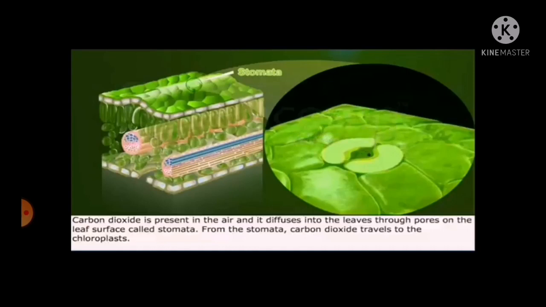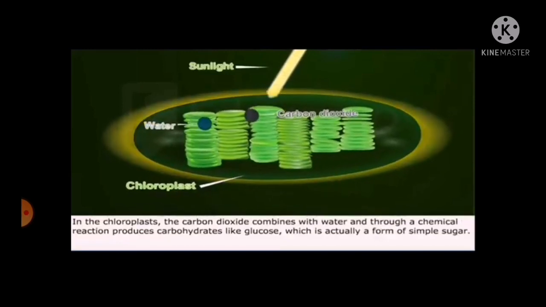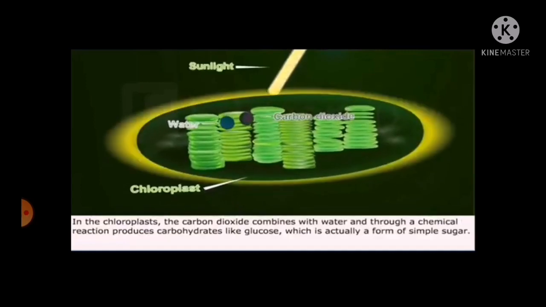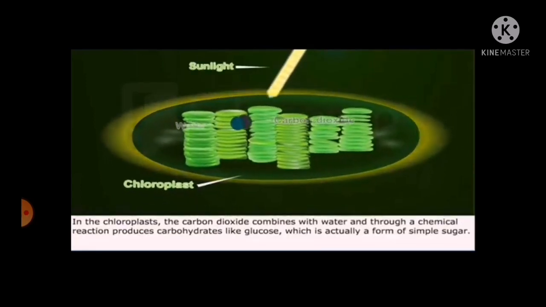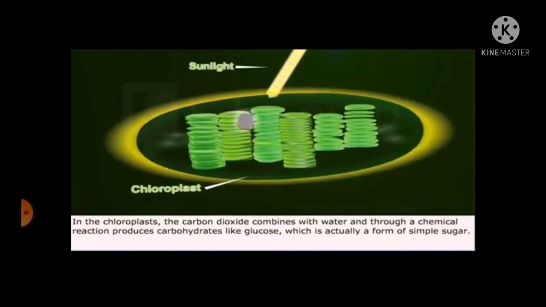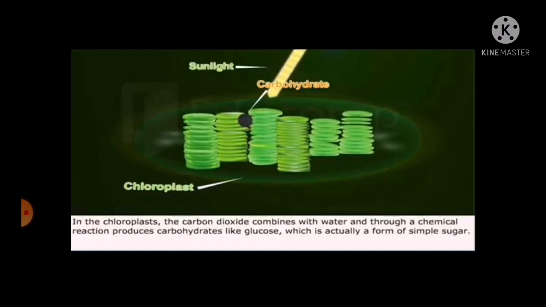Carbon dioxide passes through the stomata. Stomata are small openings on the surface of leaves. Now water and carbon dioxide reach the chloroplast. In the chloroplast, the carbon dioxide combines with water and through a chemical reaction produces carbohydrate.